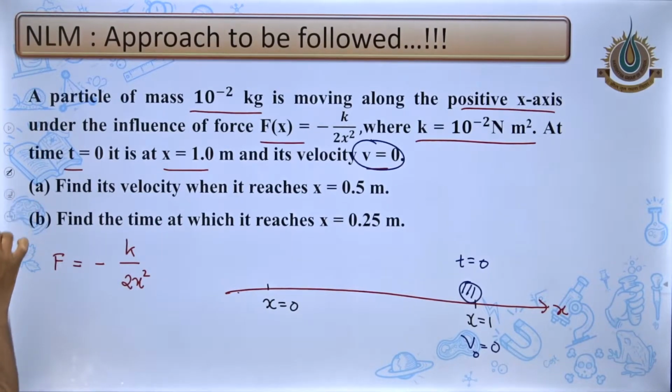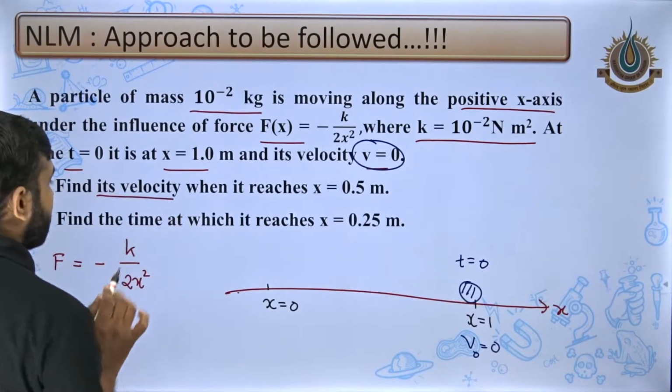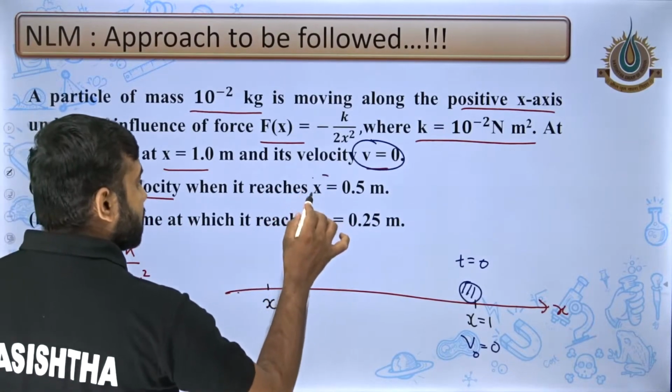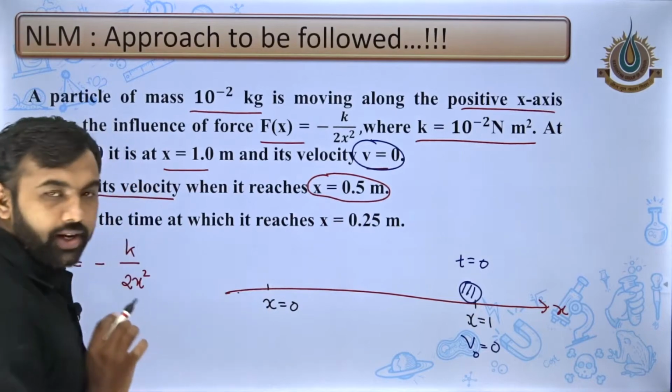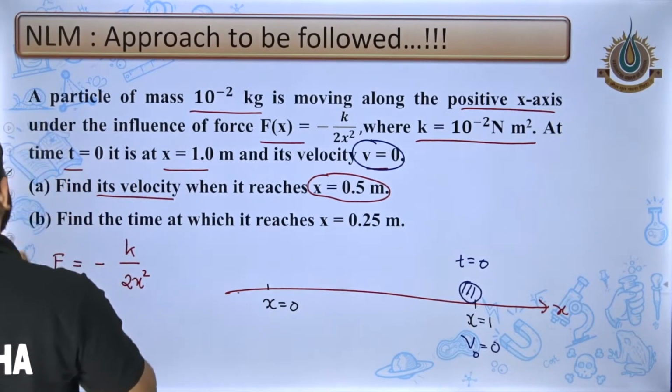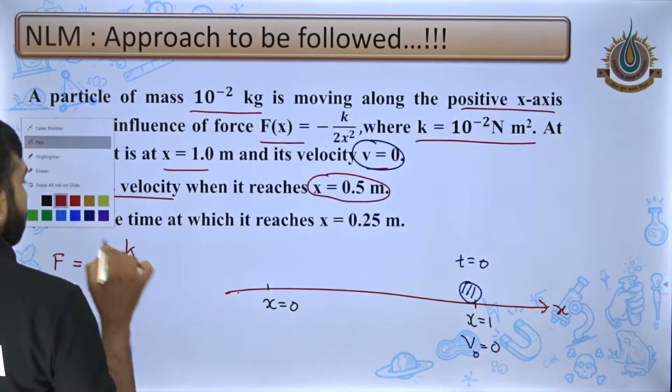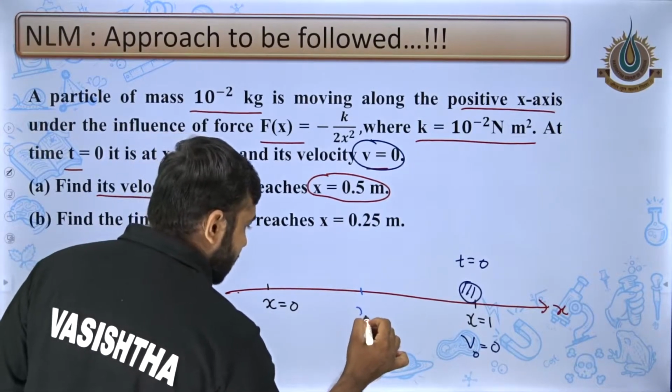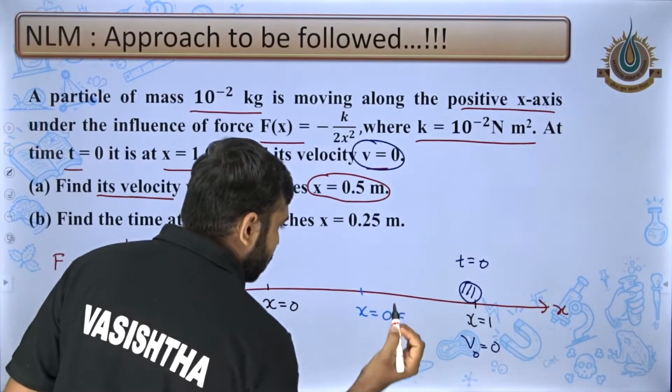Now what we have to find in this case? Find its velocity when the particle has reached x is equal to 0.5 meter. So somewhere here consider x is equal to 0.5.